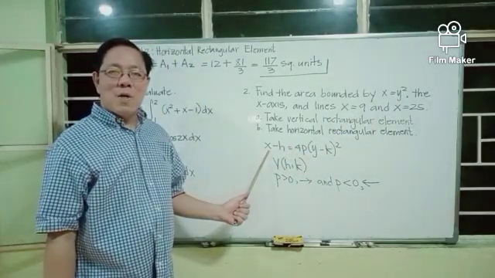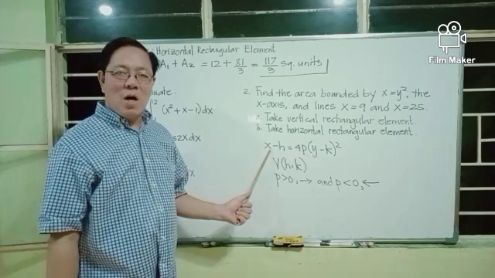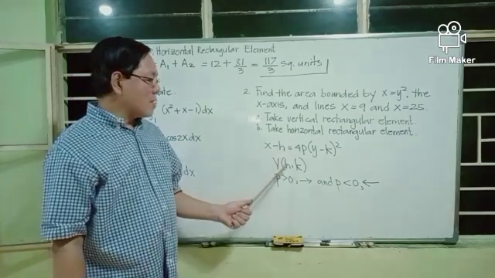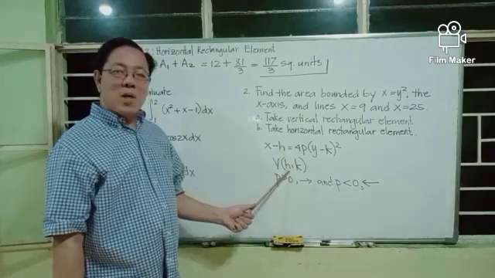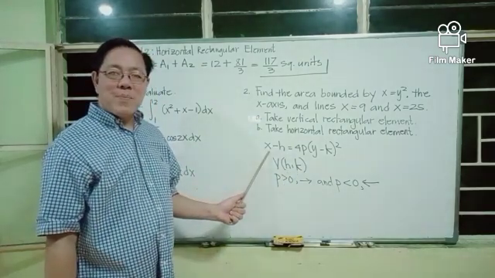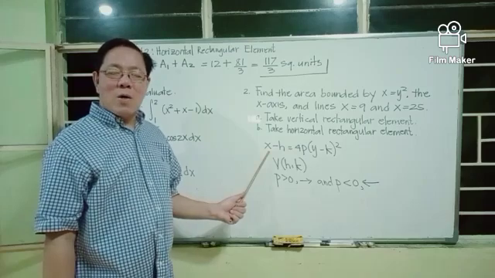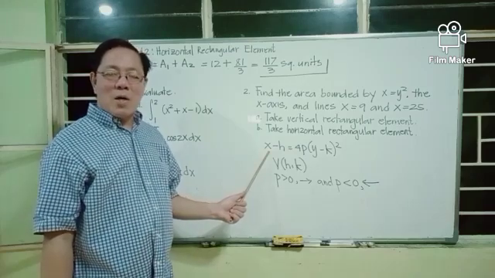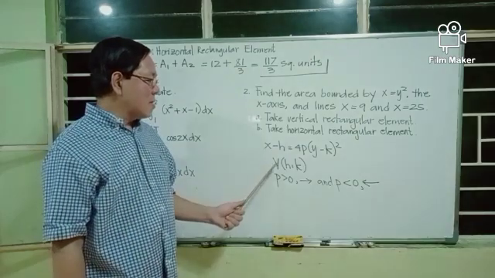This is the general form of an equation of a parabola with vertex at the point HK, with axis of symmetry the horizontal axis or a line parallel with the horizontal axis or x-axis.